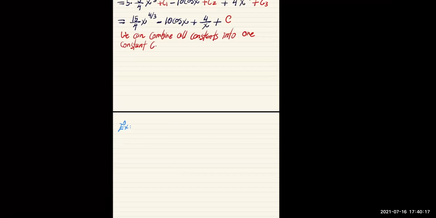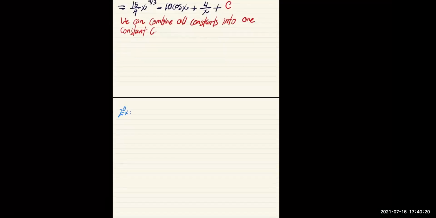There are a bunch of problems in the book. For instance, here they say if f prime of x is equal to x plus 1 over square root of x, and f of 1 is equal to 5. See, they're giving me some information about the function. Okay, the question here is to find f of x.